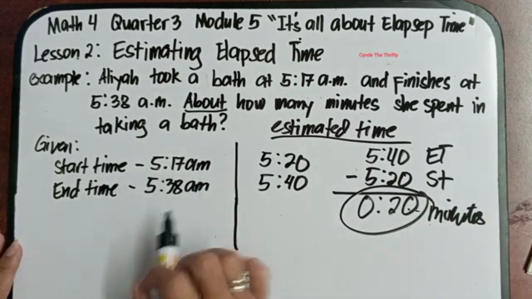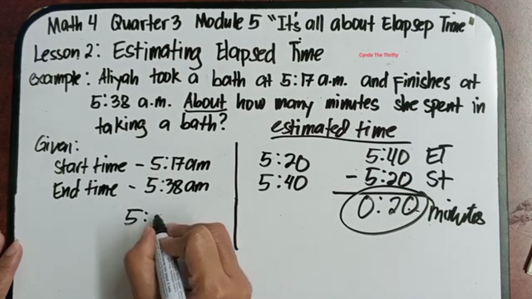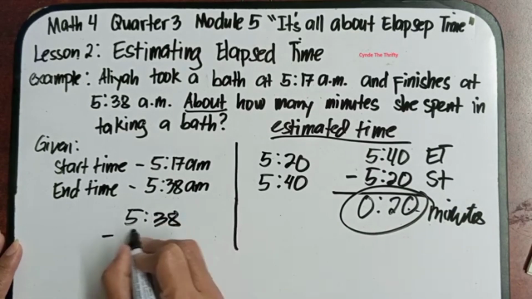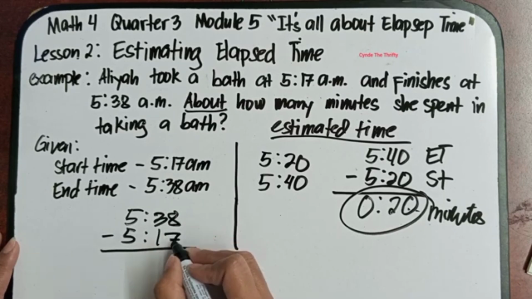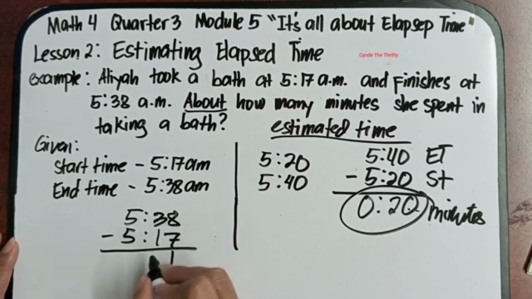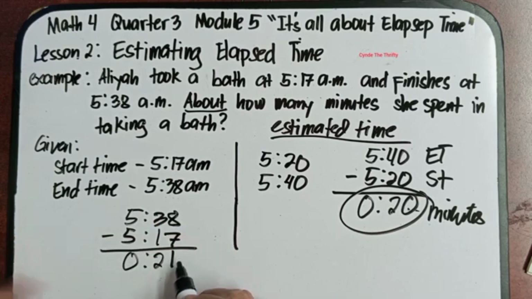Itong actual naman yung isubtract natin. So, 5:38 minus 5:17. 8 minus 7 is equal to 1. 3 minus 1 is equal to 2. And then 5 minus 5 is equal to 0. So, ang actual time ng pagligo ni Aliyah is 21 minutes.